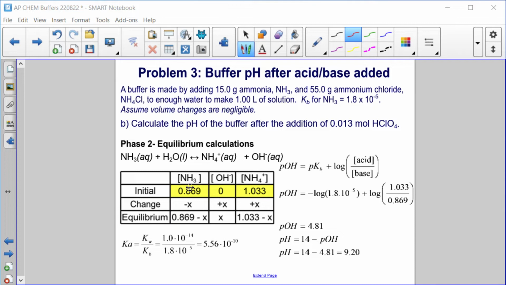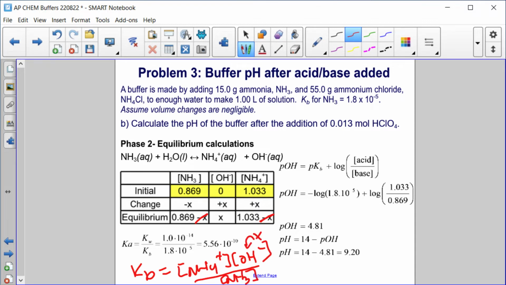Now some of this will dissociate, so we'll decrease by X and then increase each of our products by X. Keeping in mind that this change, this X, is very small relative to the initial amount, we will ignore it in our concentrations. Now, we could use the Kb expression for NH4 plus and OH minus over NH3, assuming that OH minus is X, to solve for X, and therefore the pOH and the pH.